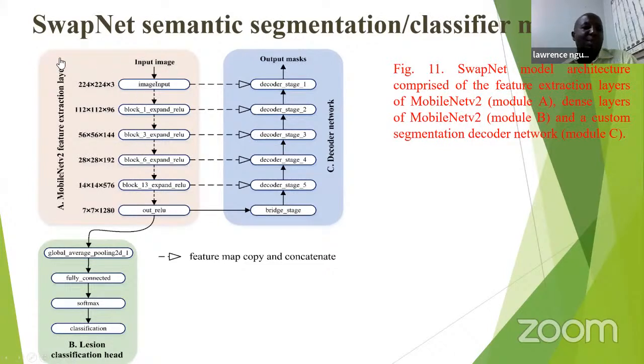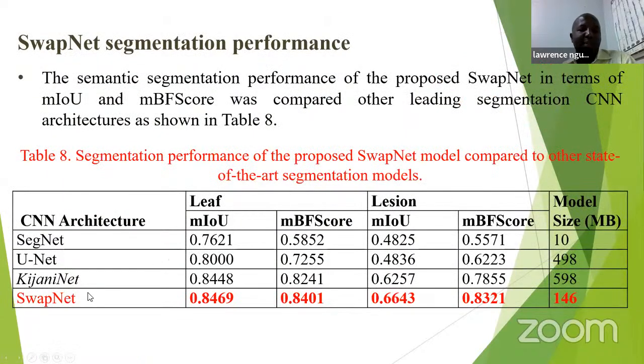But in order to perform segmentation, we cut out the classification layers from Mobilenet and only use the feature extraction layers with our custom decoder to perform the segmentation. And we see that for segmentation, Subnet performed better than the previous networks, but with only a very small occupation of memory.